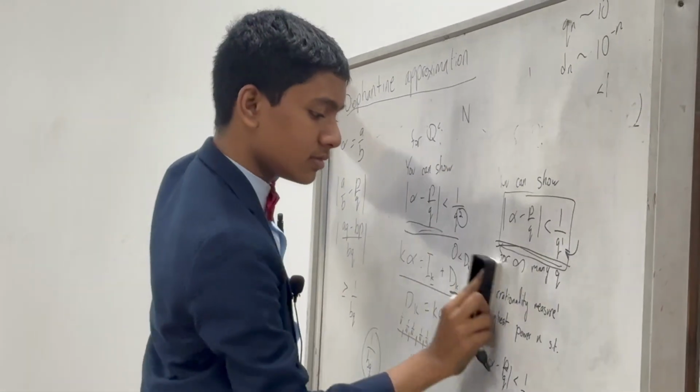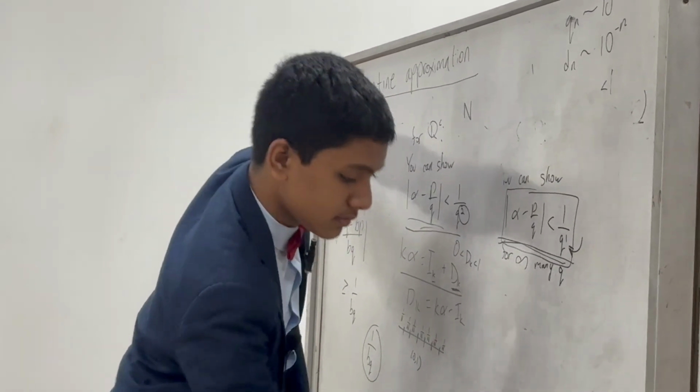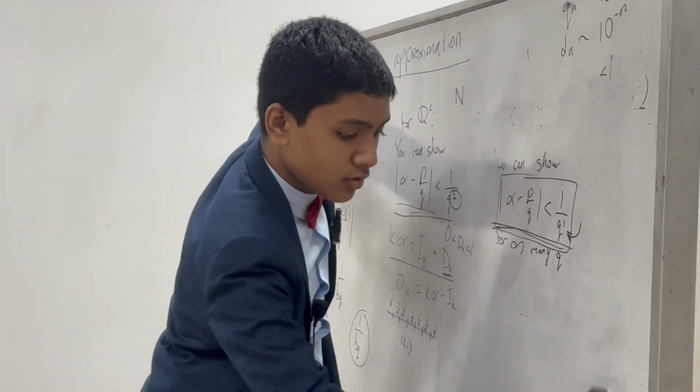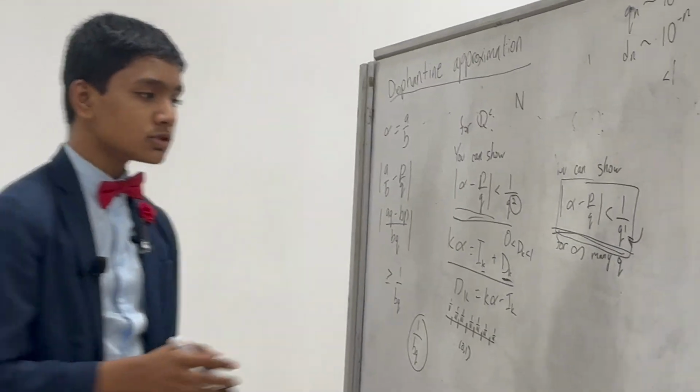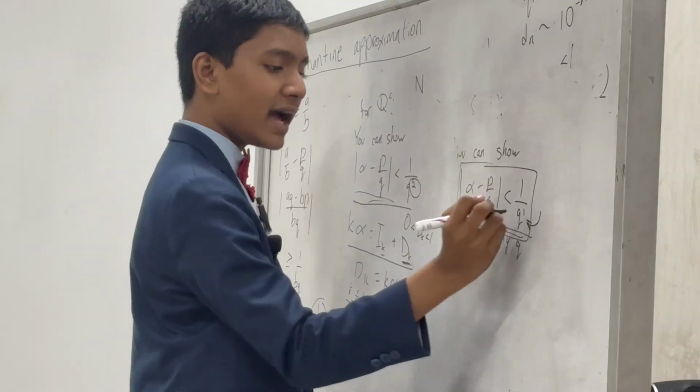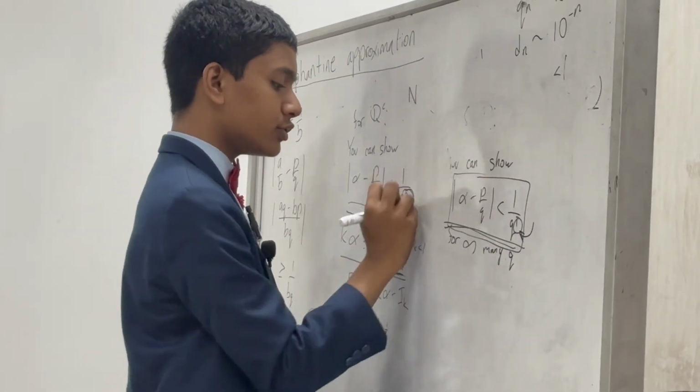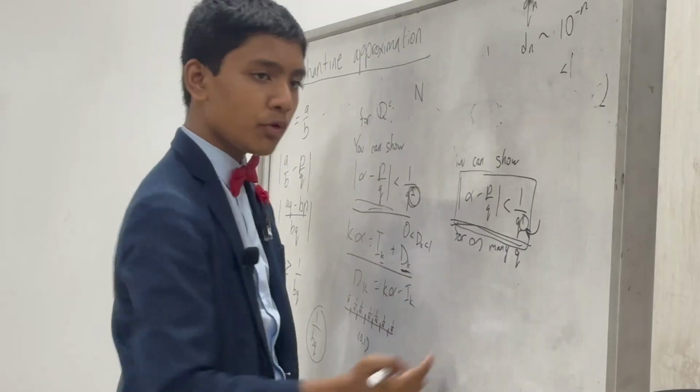So, one day in 1844, a number theorist named Joseph Liouville was wondering, well, okay, we have the irrationality measure of 1, 2. We can have anything we want.